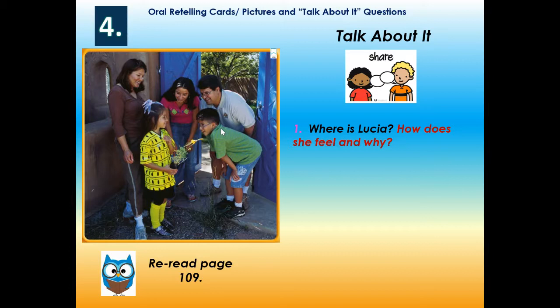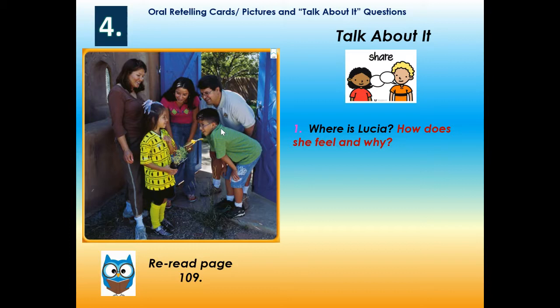So look at the last major event or detail in our text. Where is she and what is she doing? So you can reread page 109 in our Journeys textbook to find more information. And our question is, where is Lucia? How does she feel and why?